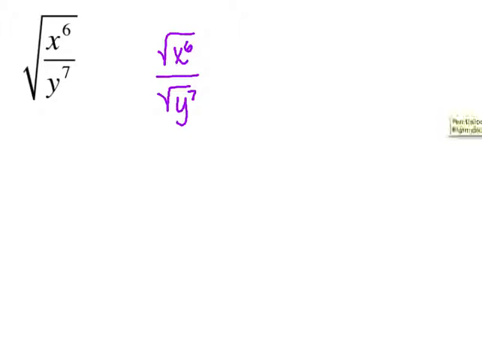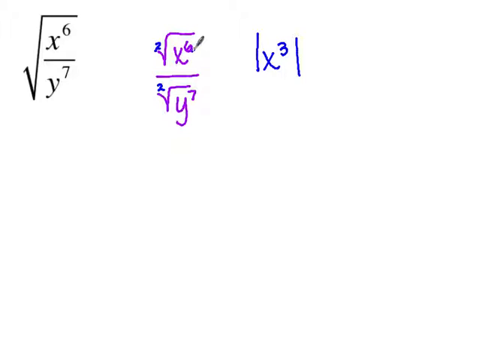Okay, so remember, we've actually got a 2 out here. So what do you get on the top? X cubed. And what do we know about x cubed? Absolute value, because I went even, odd.